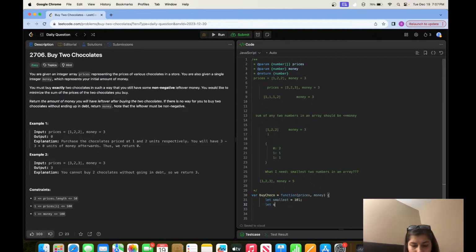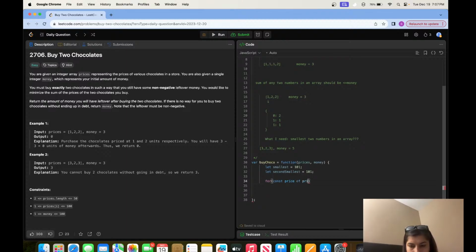So if price is less than smallest, then I will say that smallest will be price, right?